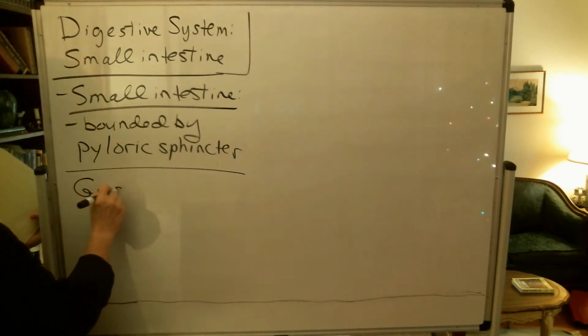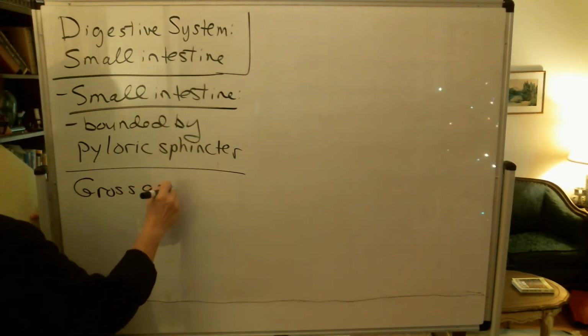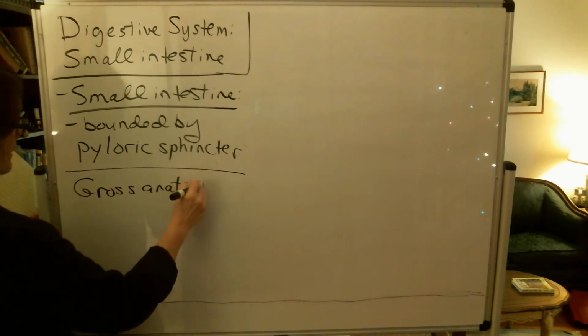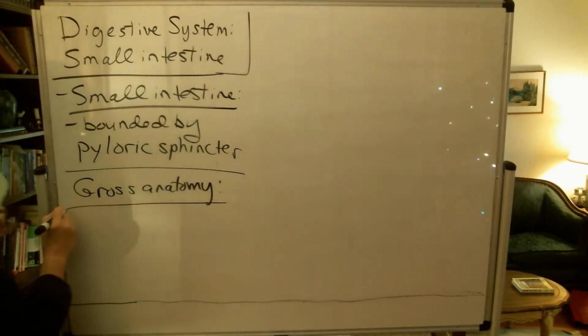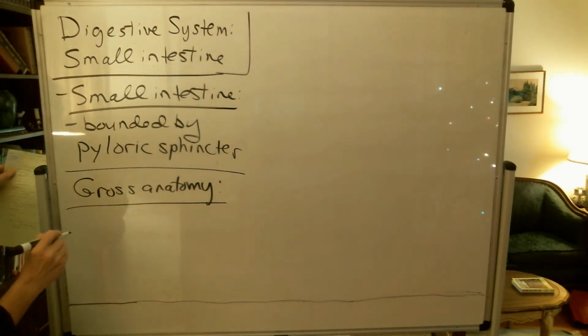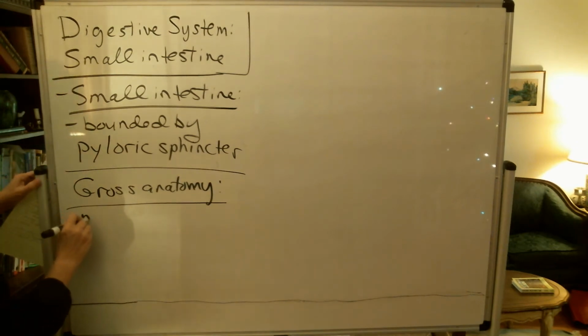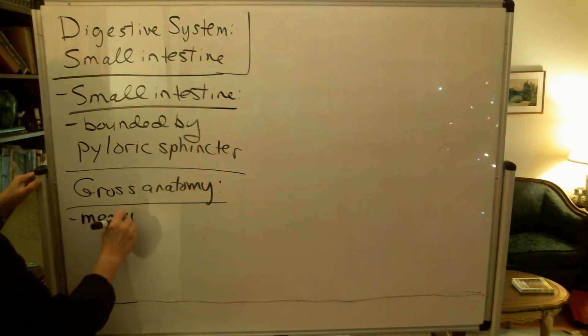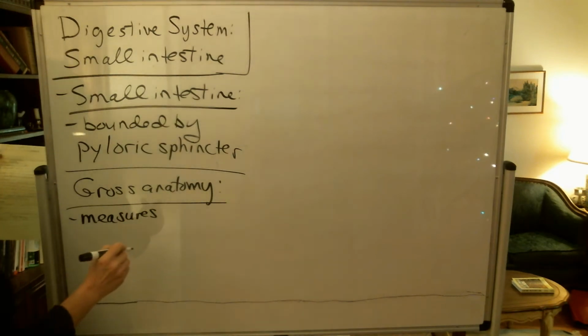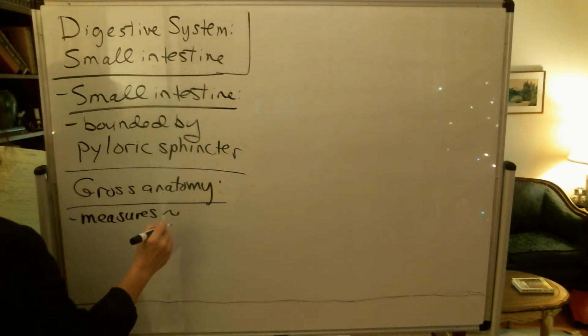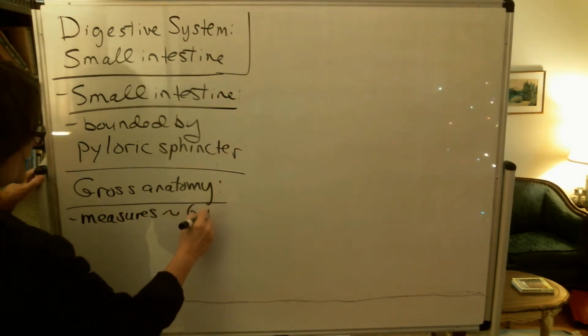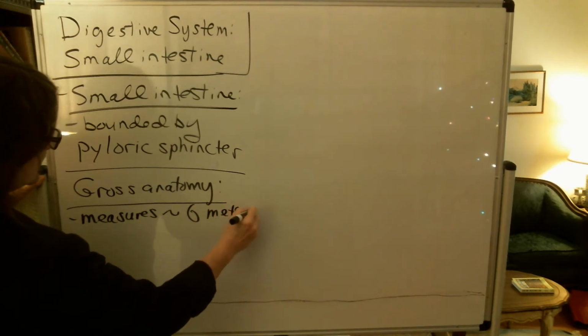So, the gross anatomy then of the small intestine is that it measures approximately 6 meters.